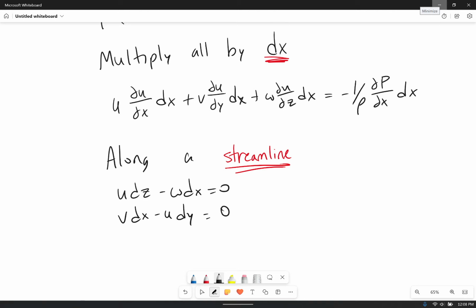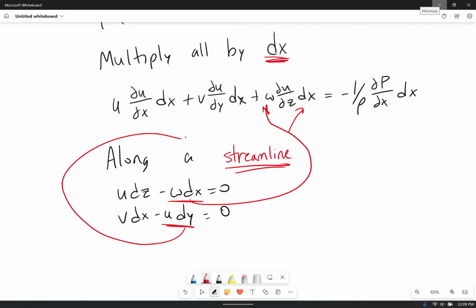Now, notice I have up here, I'm just going to connect these. This is right there, and this is right there. So you see that both of those exist.